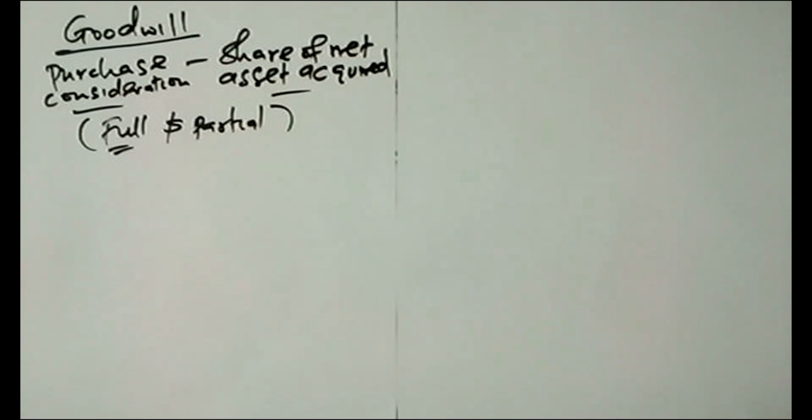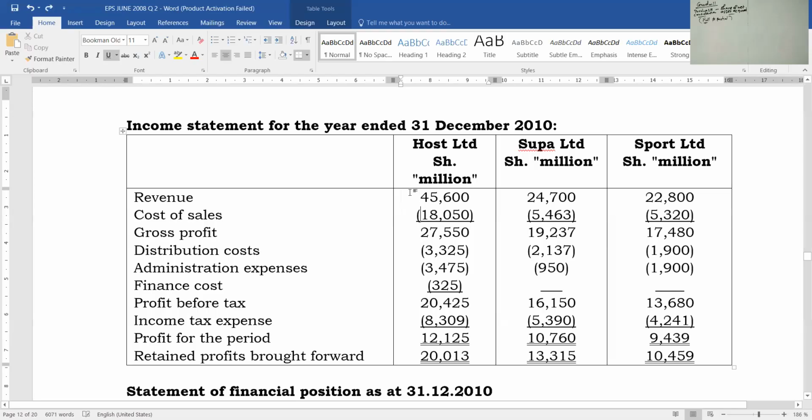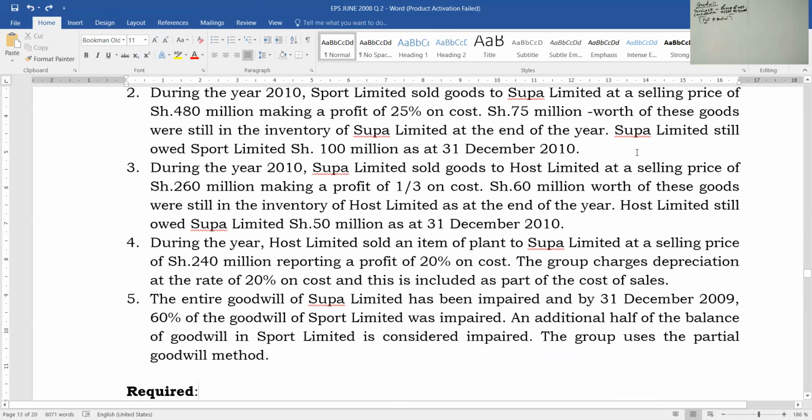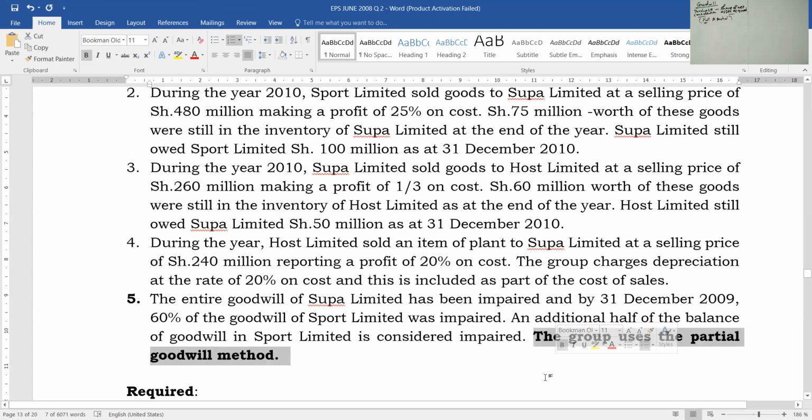For partial, NCI is not measured at fair value, so there's nothing like fair value of non-controlling interest. In this question, the examiner was direct. He never made you struggle. In the last sentence of the additional information, he said that the group uses the partial goodwill method, but it's not a must to mention this.